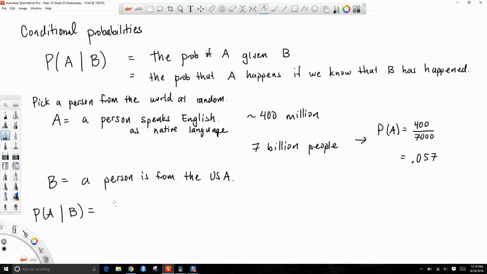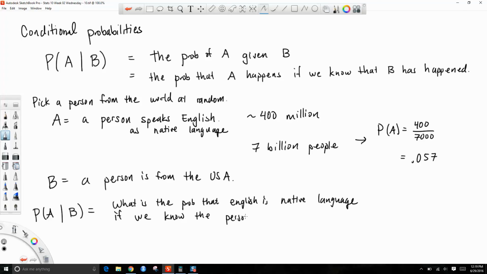So what is the probability that English is their native language if we know the person is from the US? And what is this value here?